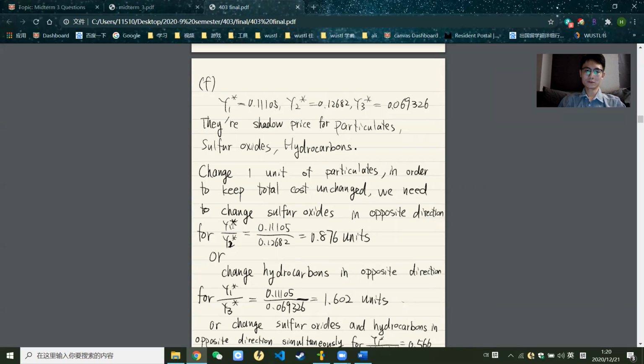For example, if y1 changed 1 unit up, we want y2 to decrease by 0.876 units. So for the objective function, y1 makes it increase and y2 makes it decrease, and they will neutralize.